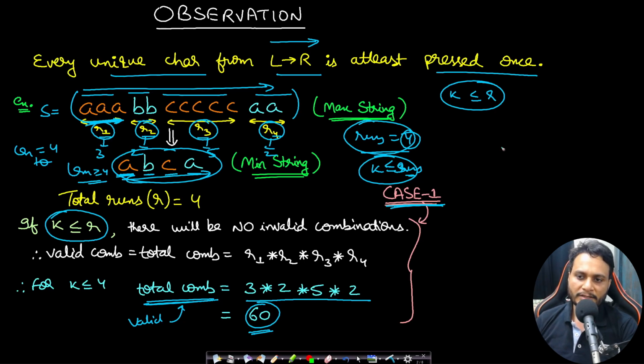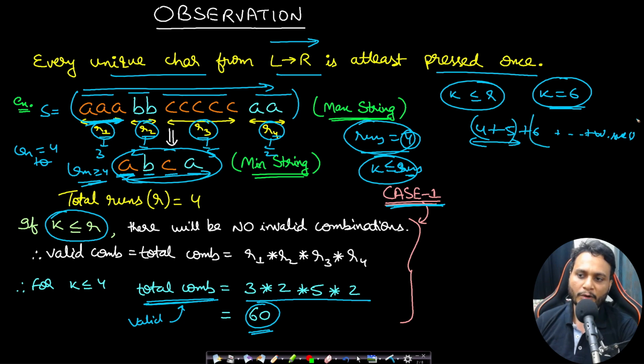Another case, which is case 2, will be when, let's say, k equals 6. Then we are asking about producing all those strings where the length is minimum 6. That means you produce all possible combinations, and it will have all the lengths 4, 5, 6 and so on till the word's size, and from this we need to remove the length 4 and length 5 in order to get all the valid sequences, isn't it?